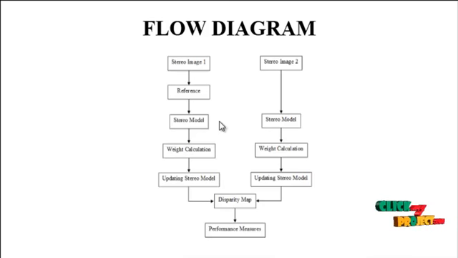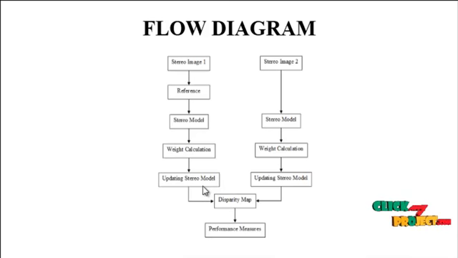Then the weight calculation is done for image 1 and image 2. The calculated weight value is saved as text values. Then, after saving the weight value from the stereo model, the stereo model is updated, that is, by updating the weight value, the stereo model is regenerated.